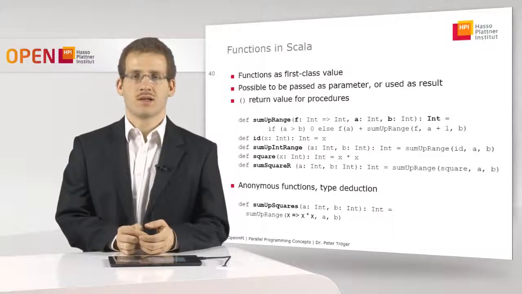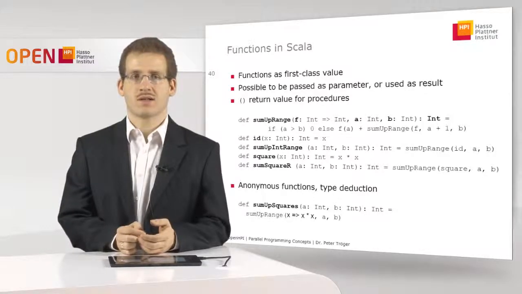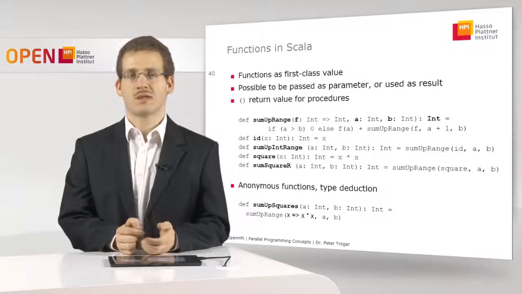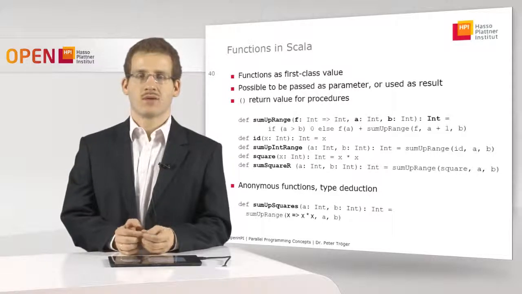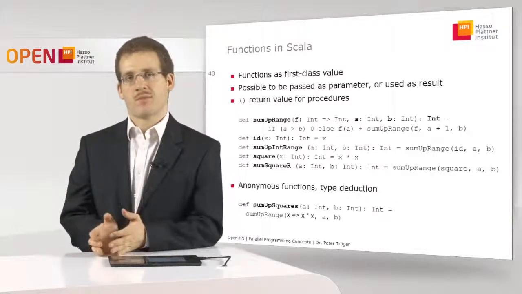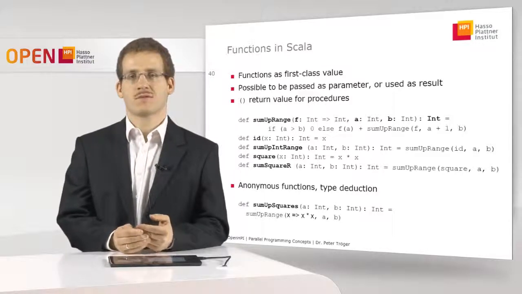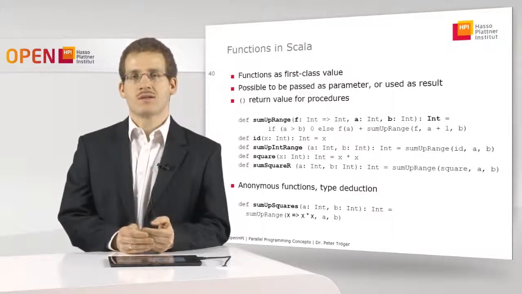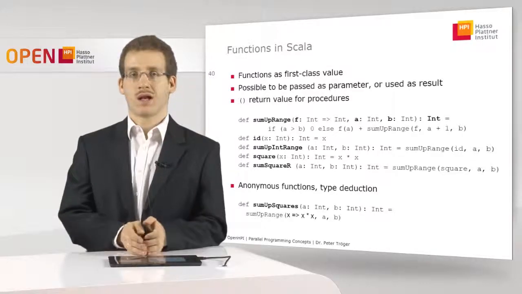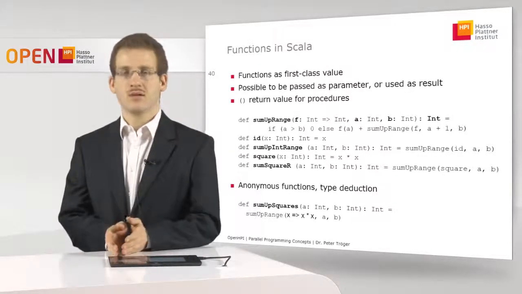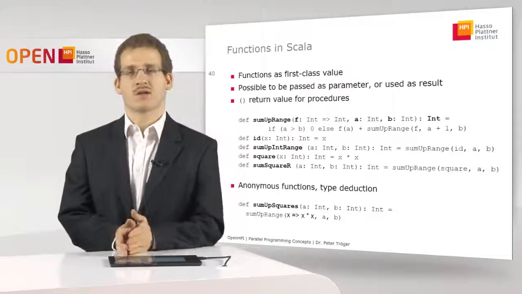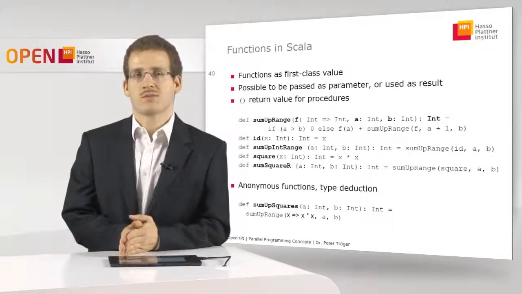The input parameters are taken, and then we do a recursive call to the same function at the end in order to sum up the remaining values. sumUpRange in itself also takes a function as an argument, and this is only done in order to apply this function that is handed in to the values before the actual sum operation takes place.